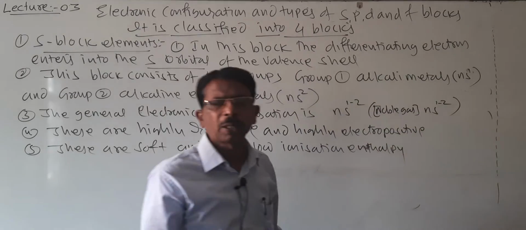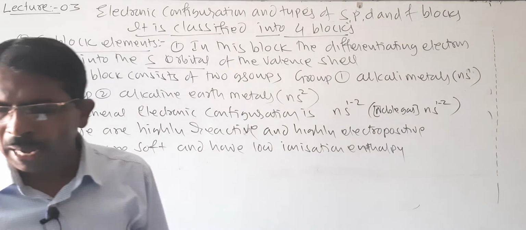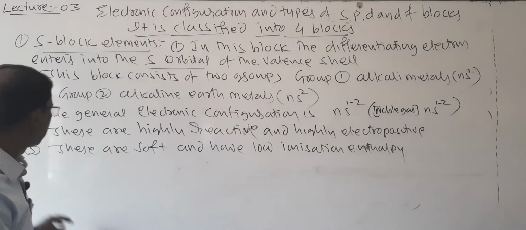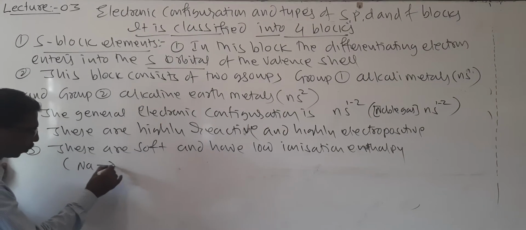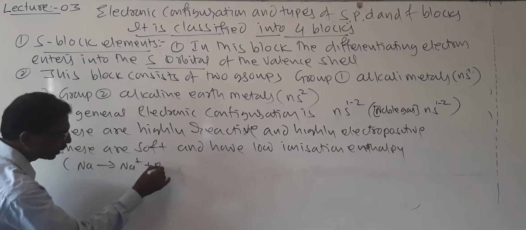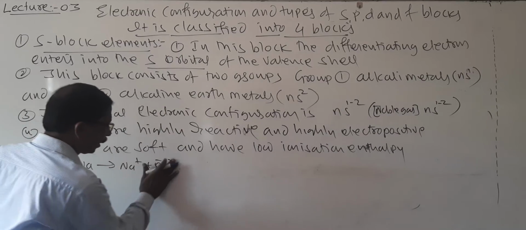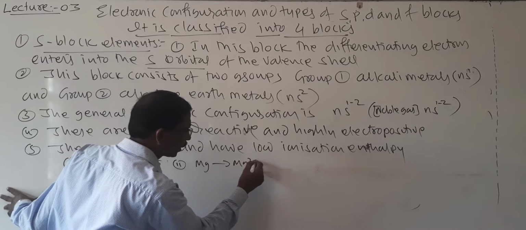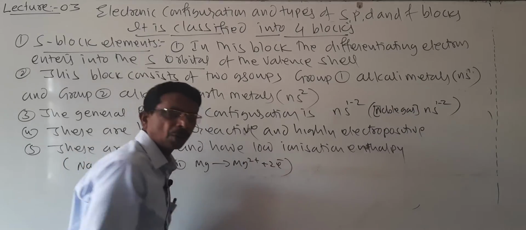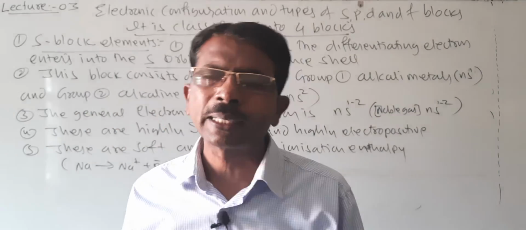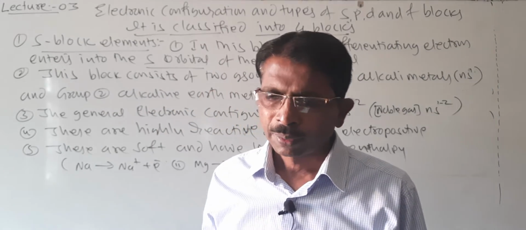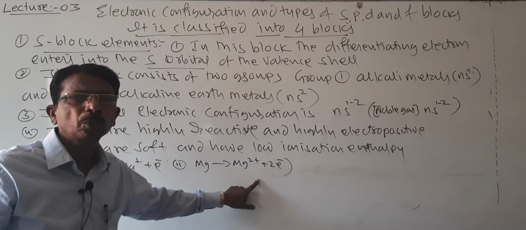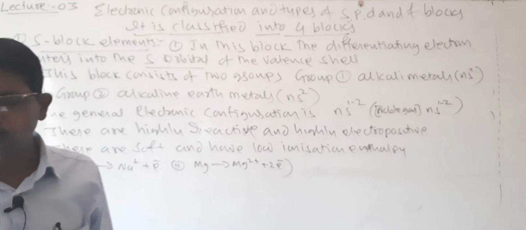Low ionization enthalpy means low ionization energy. So means they can easily lose electrons. Here the sodium easily loses electron and it forms Na plus electron. Or you may take another example, Mg, it gives Mg2 plus 2 electrons. So low ionization enthalpy means these can easily lose the electrons. So they form +1, +2 state.